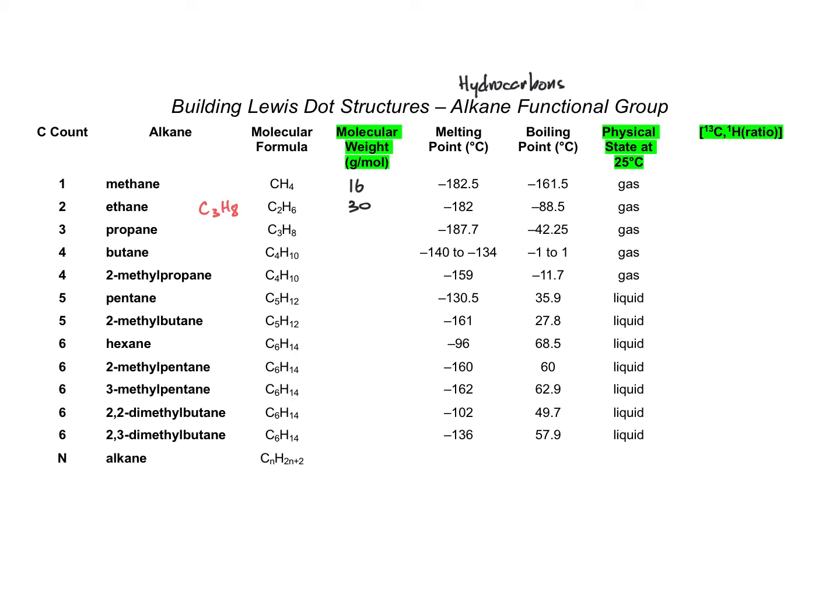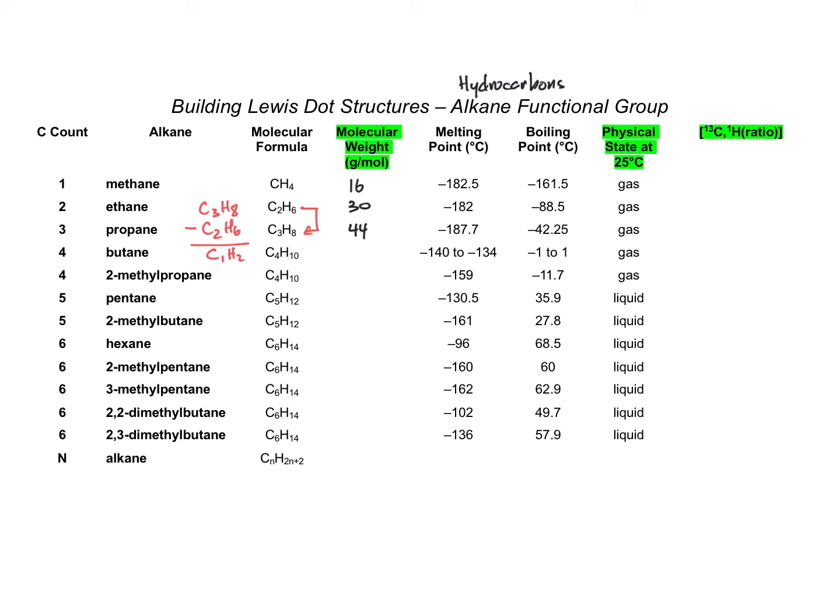Now the difference between that and ethane, minus C2H6, this is C1H2. So we know that one carbon is 12, two hydrogens is 2, so that's 14. So the difference between here to here is 14 additional mass units. So propane should be 44.